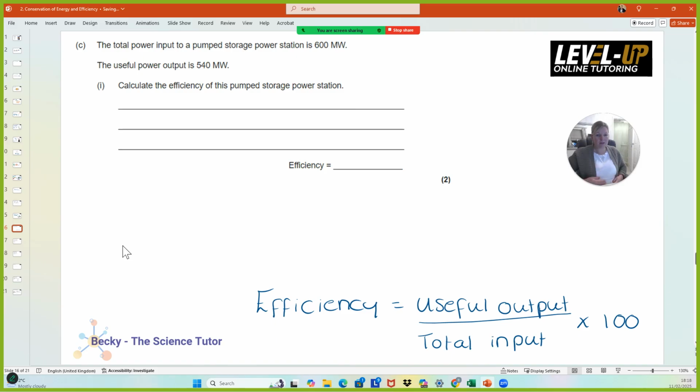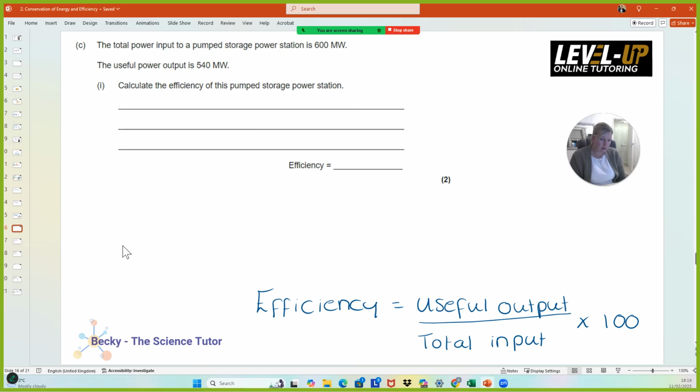Right then guys, let's have a look at a couple of efficiency questions, a couple of calculations just to finish us off before we do a quick quiz to finish the session. So this question, again, we've got 2 marks available, so it should just be a matter of substituting the numbers in and calculating our correct answer.